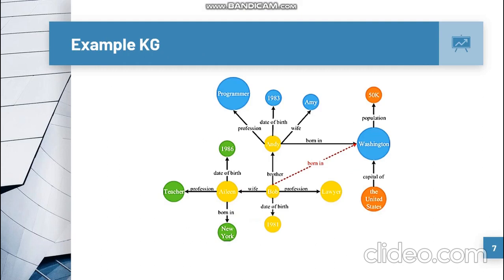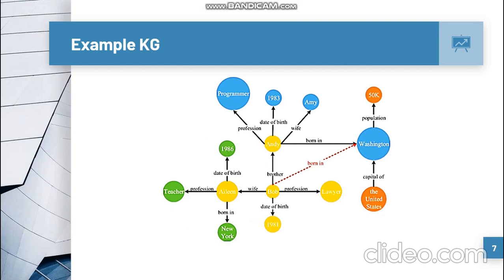Here's an example of knowledge graph. As you can see, the entities in nodes: a programmer is an entity, Andy is also an entity, 1983, ME, 50K, Washington. Every single node that is represented as a circle is an entity, and the arrows are representing the relationship.